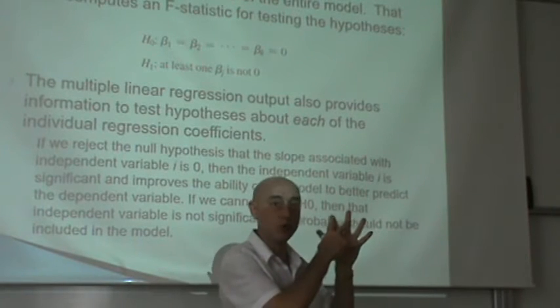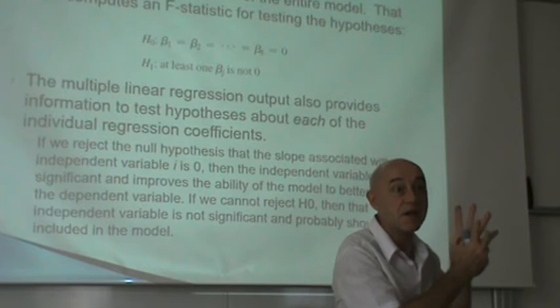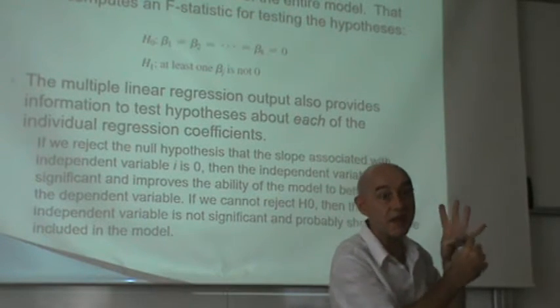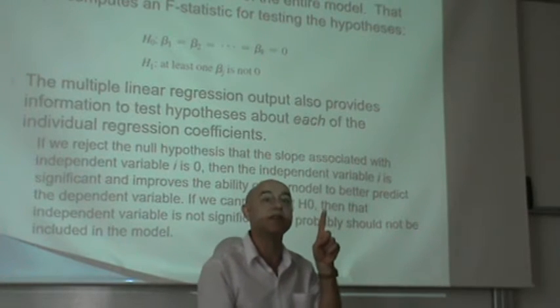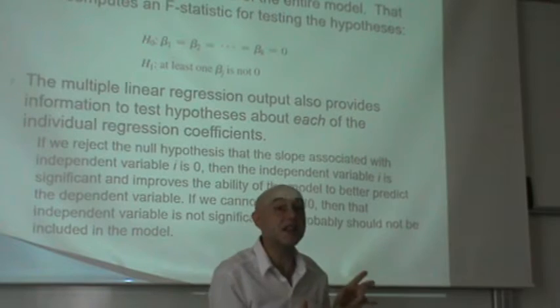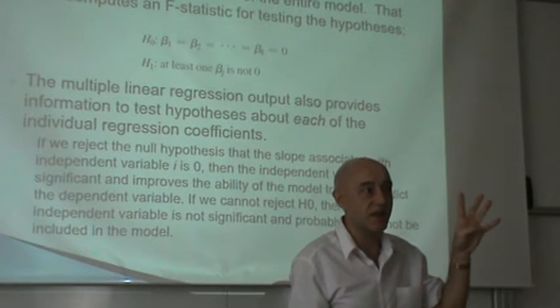Maybe only 2 are significant and 2 are insignificant. Maybe 3 are significant and 1 is insignificant. Maybe only 1 is very significant and 3 are insignificant. And it is possible that all 4 are significant.